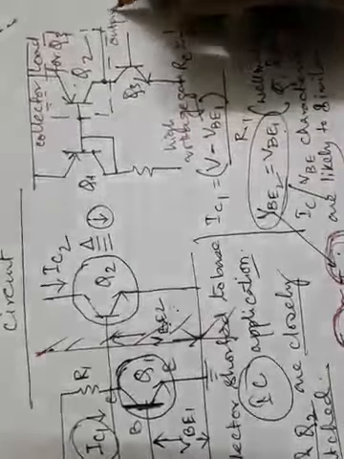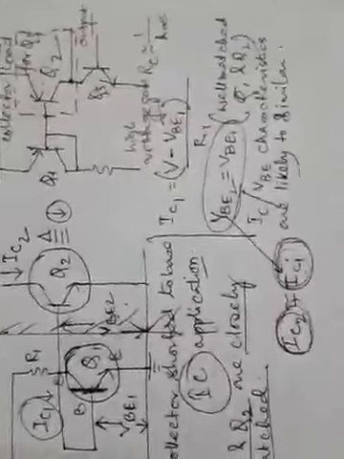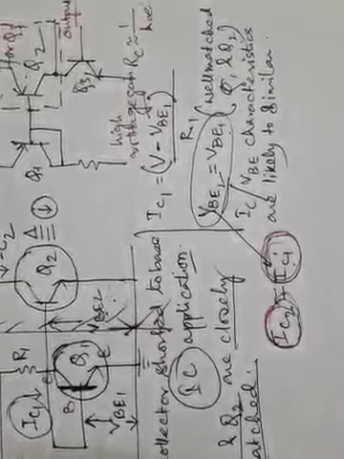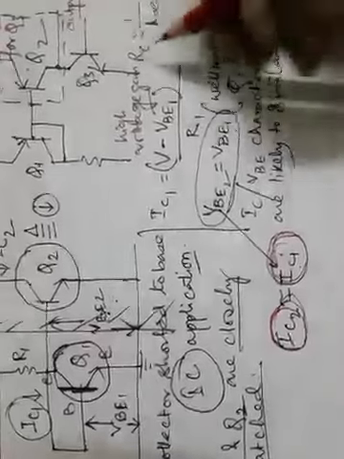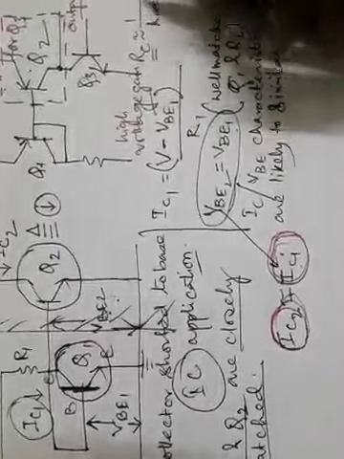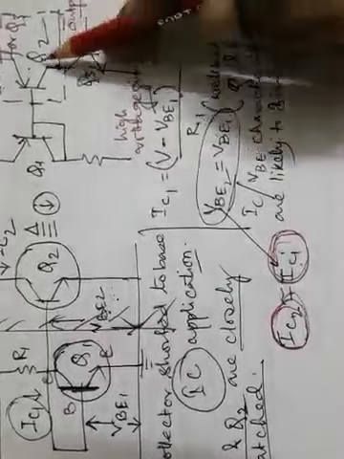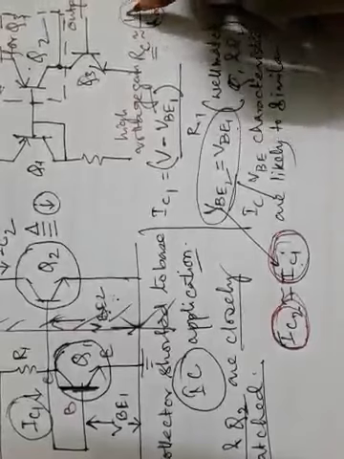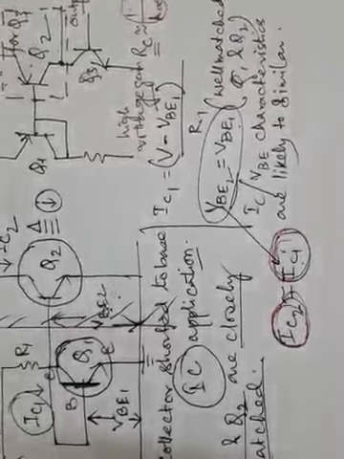So this is all about the current mirror circuit and its application. This application gives us a high voltage gain because RC has been replaced by a constant current source, and this RC is approximately equal to 1 by hoe in this case.